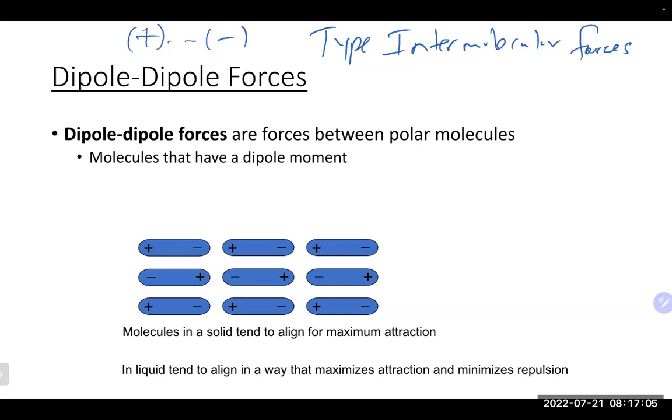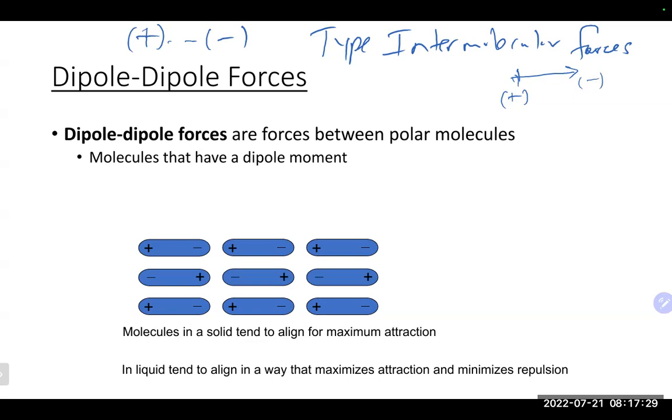If you remember, when we talked about bonding, if something is a polar molecule, it has a dipole moment. It's those arrows that we draw, where it points to the more negative side of the molecule, more positive side of the molecule. So dipole-dipole forces are the intermolecular forces that basically occur when polar molecules get together.